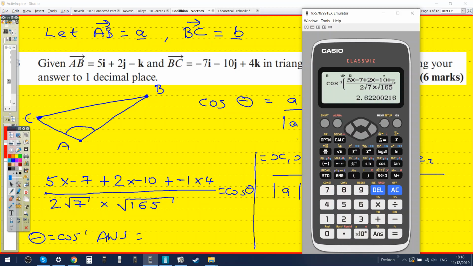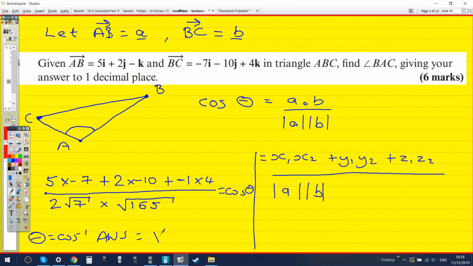And I'm in radians. I'll keep mine in radians just in case that's what they want. 112.5 degrees.